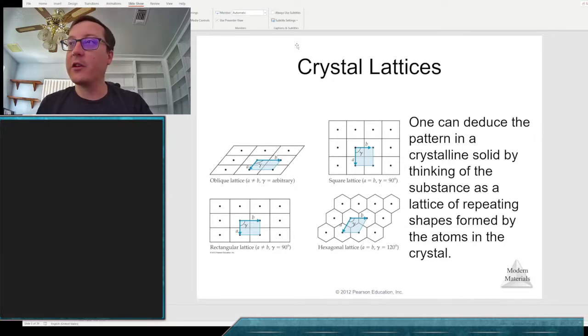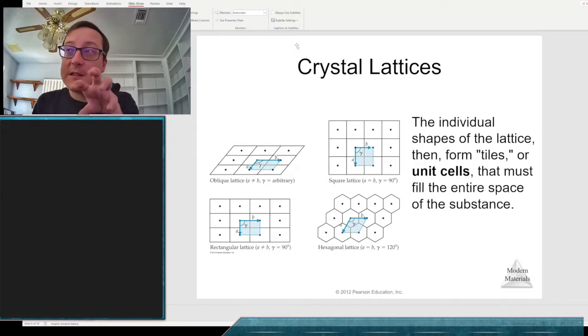And so if we look further, these single units within them are called unit cells. And these unit cells, we're going to look at in a little bit, can come with a variety of different ways of filling them up.